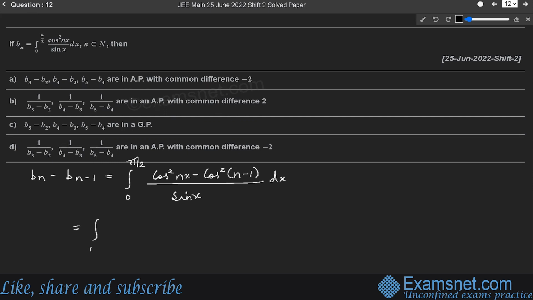So this will be equal to the integral from 0 to pi by 2 of minus sine of 2n minus 1 into x into sin x divided by sin x dx.